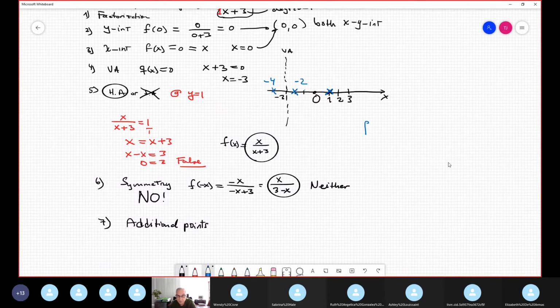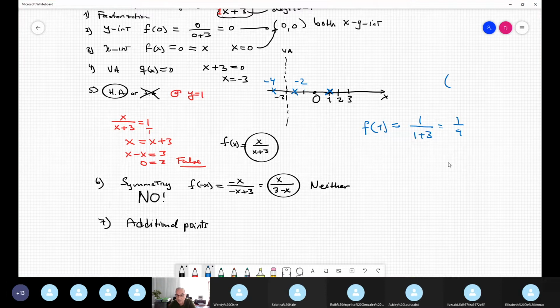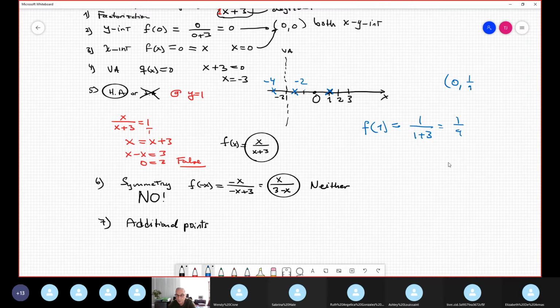And you evaluate the function. For 1: 1 over 1 plus 3 is 1 quarter. So the point to plot is (1, 1/4), which is 0.25. Let me copy it on my paper as an additional point.